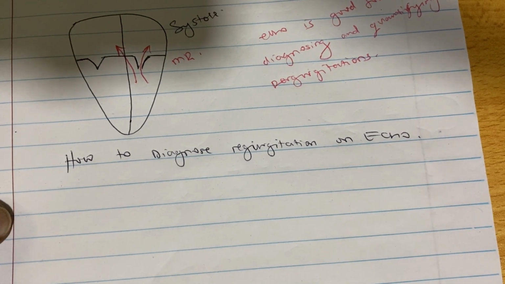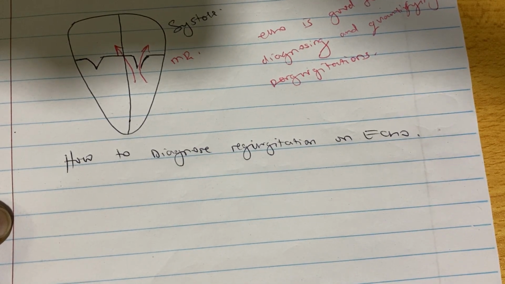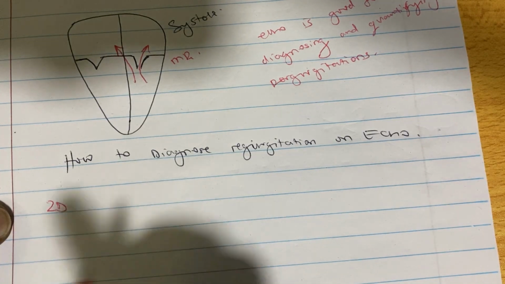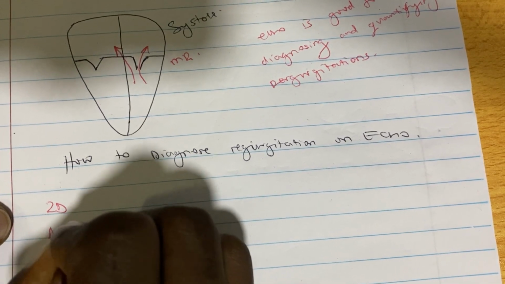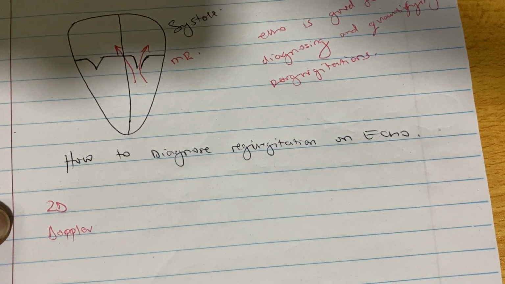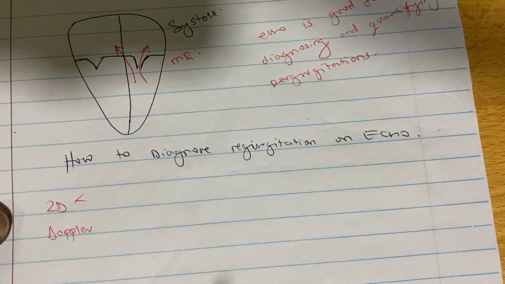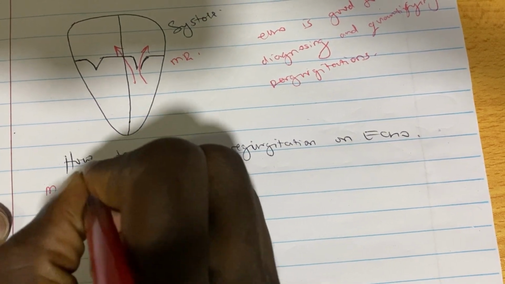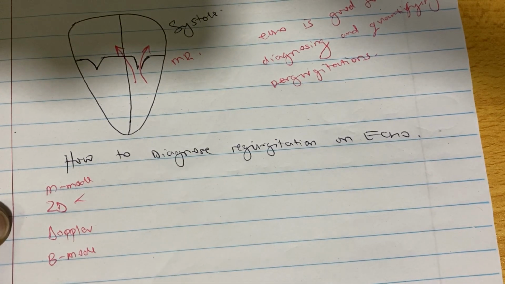we have different echo modalities. We have 2D, just to remind you, 2D echo. We have Doppler echo. You have M mode also, can put it. B mode, not so much.